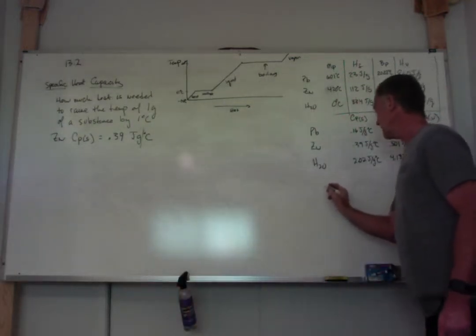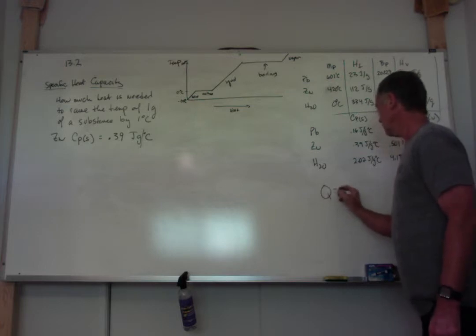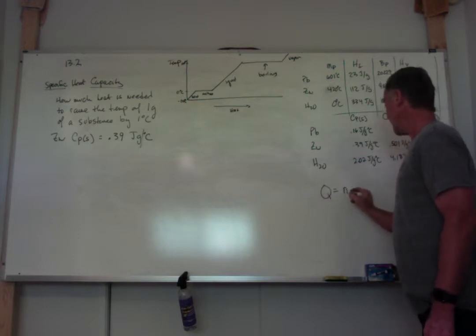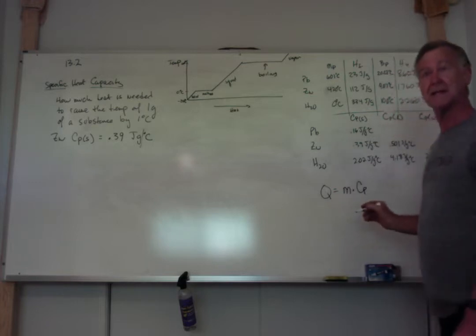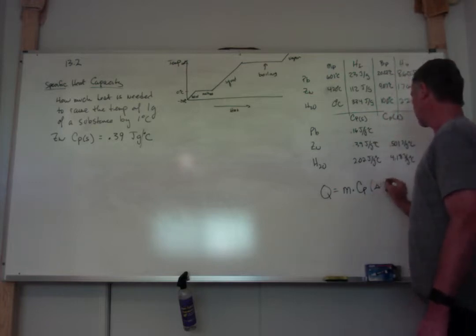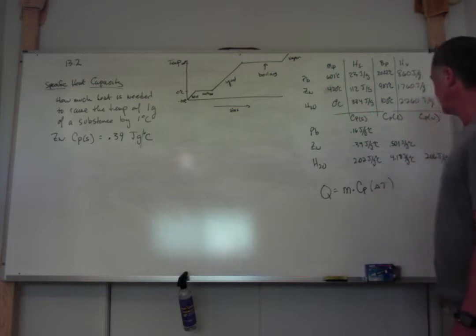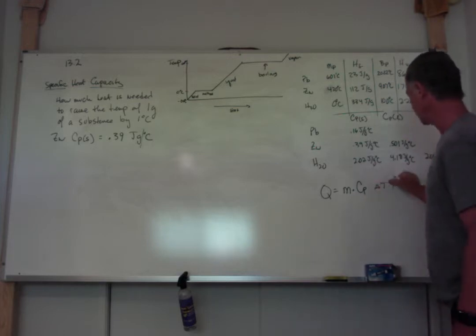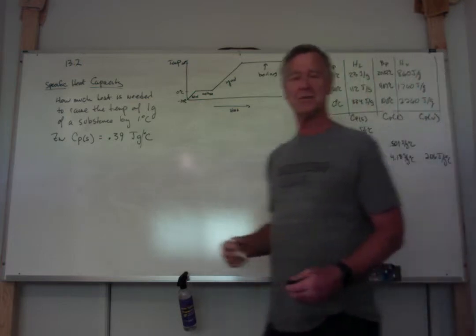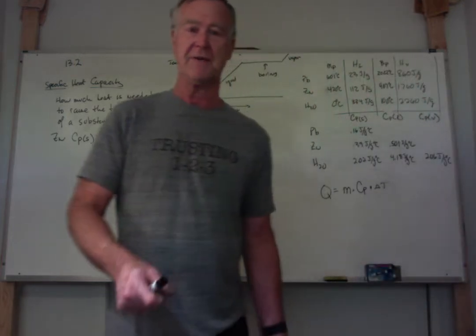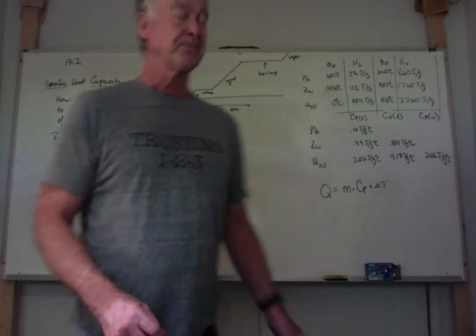It will be that Q is equal to mass times the specific heat capacity times the change in temperature. And the change in temperature can be in Celsius or Kelvin. You might think it would have to be in Kelvin, but it doesn't.